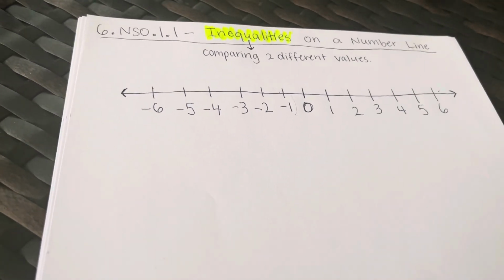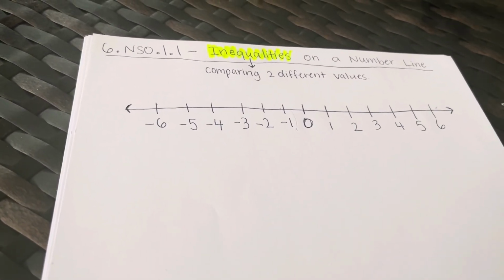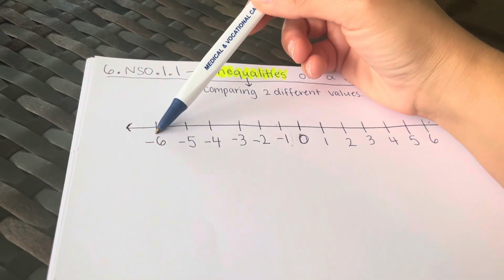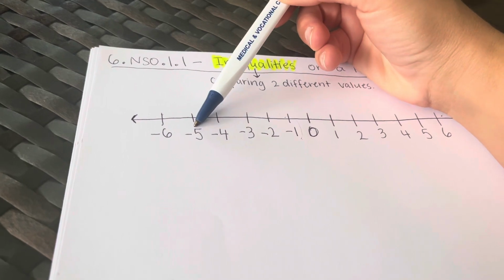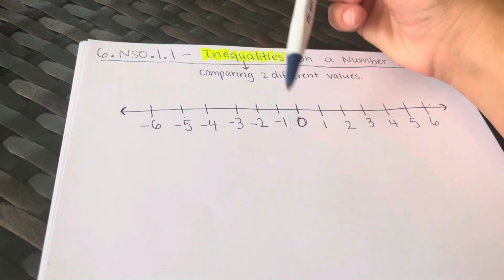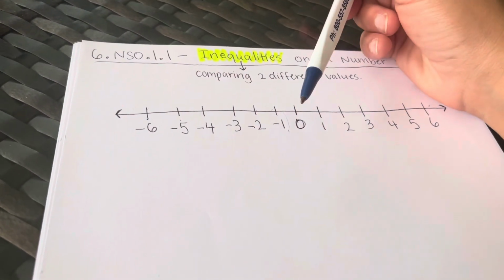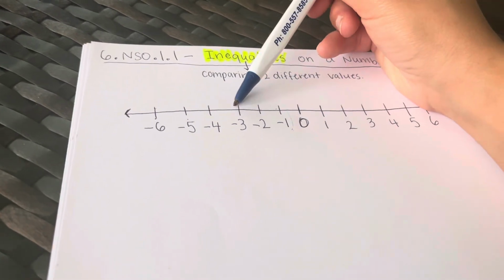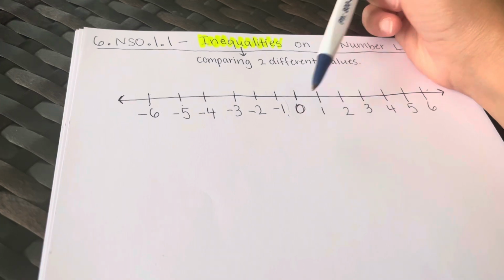When there is a negative in front of a number, it's worth less. So -6 is smaller than -5 because -6 is farther away from 0. -1 is greater than -3 because it's closer to 0.